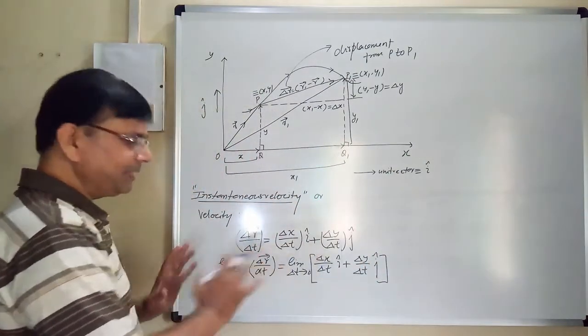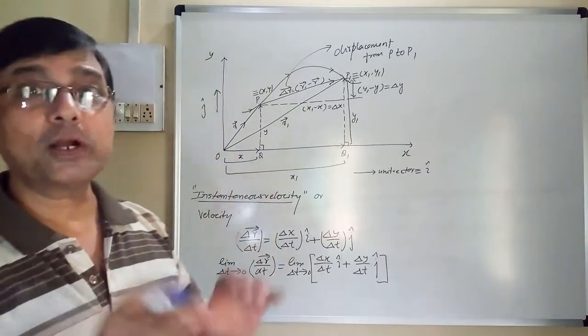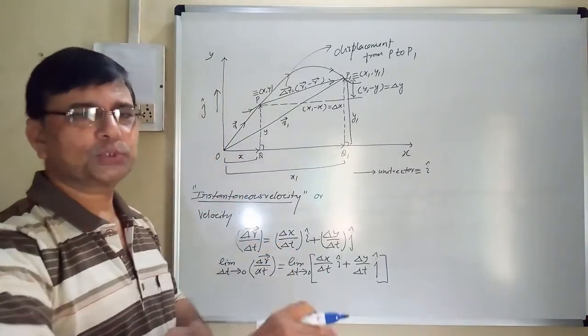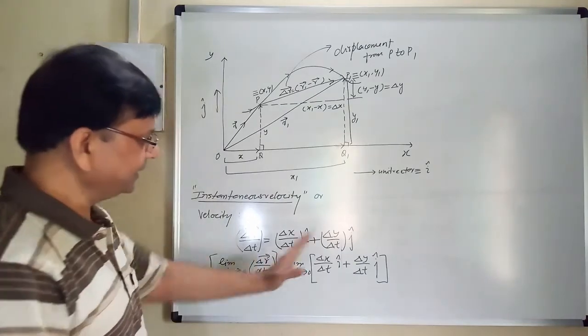In mathematics we say we have taken the limit on both sides, the limit of delta t approaching 0. So on the left hand side we got this, and on the right hand side this.